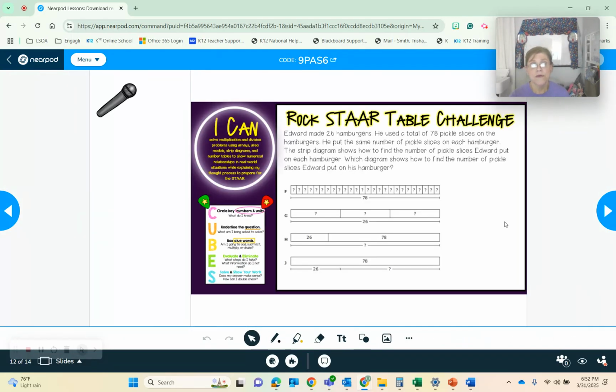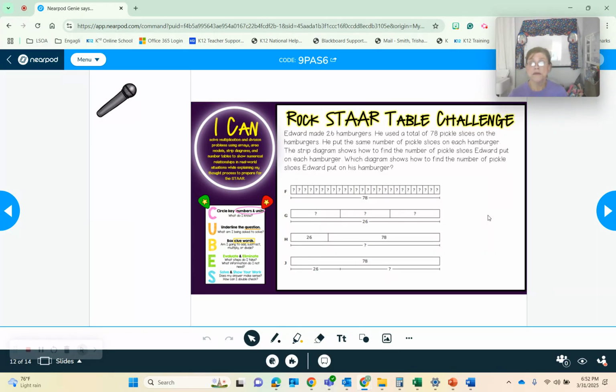Do the same for the next question. Edward had 26 hamburgers. He used a total of 78 pickle slices on the hamburgers. He put the same number of pickle slices on each hamburger. The strip diagram shows how to find the number of pickle slices Edward put on each hamburger.